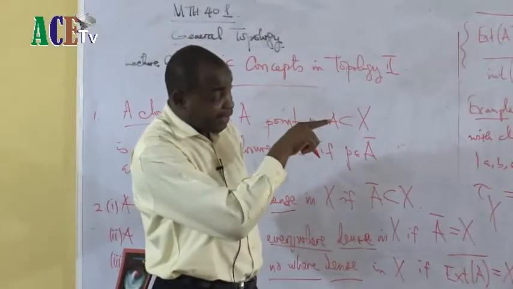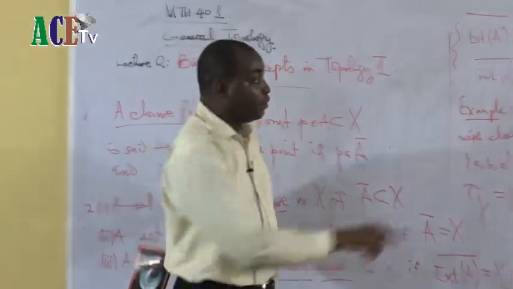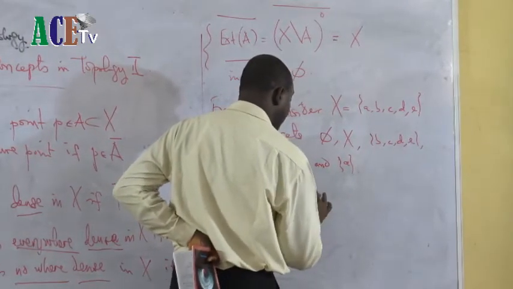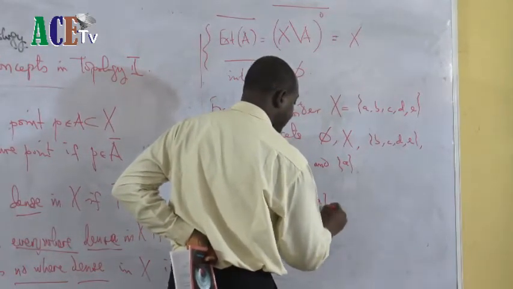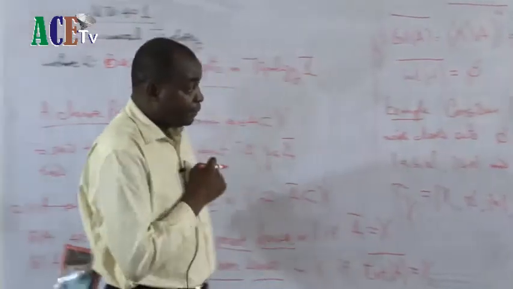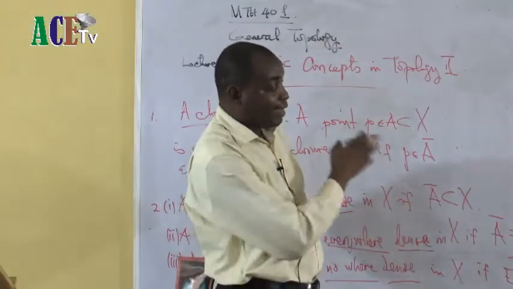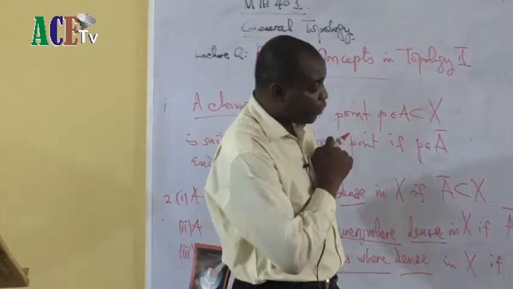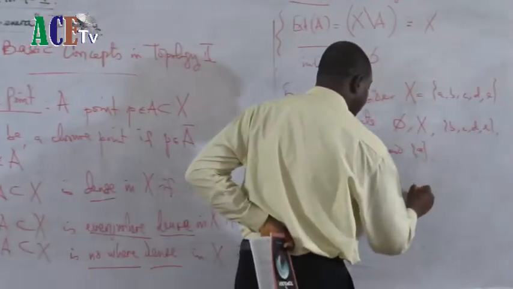X take away the set {B, C, D, E} will leave us with only the singleton set {A}. Okay? And then X take away {A, B, E}. What would that give you? That should give you {C, D}.